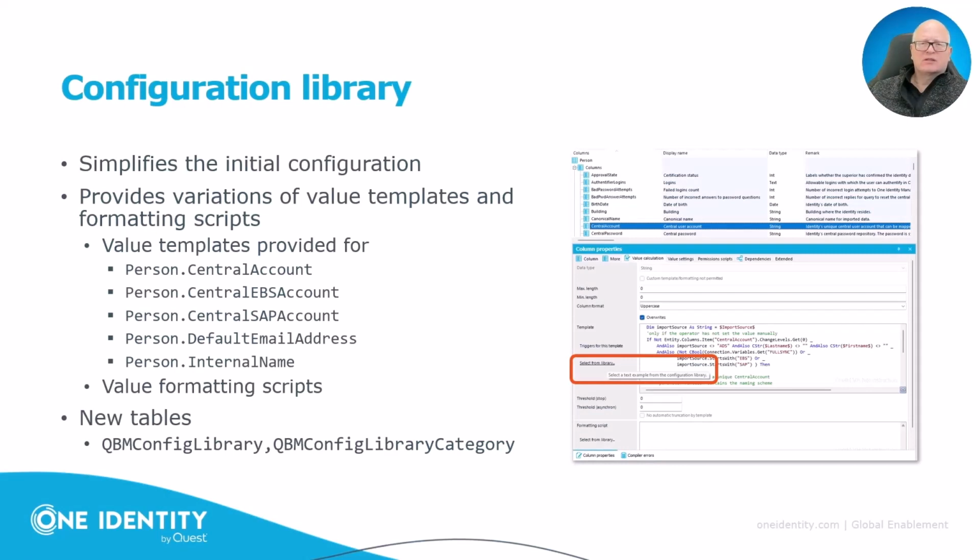First, enhancements of the configuration library that is targeting value templates. There is one recurring problem in the Identity Manager from a fast configuration perspective, and this is targeting value templates which are calculating specific information, like, for example, the central account name, or a default email address, or an internal name of users.